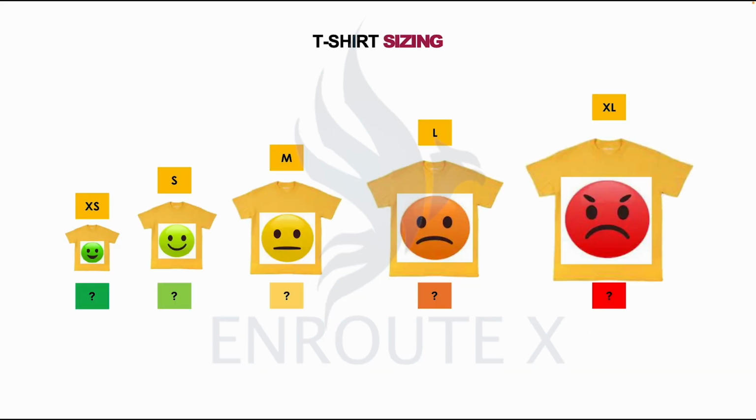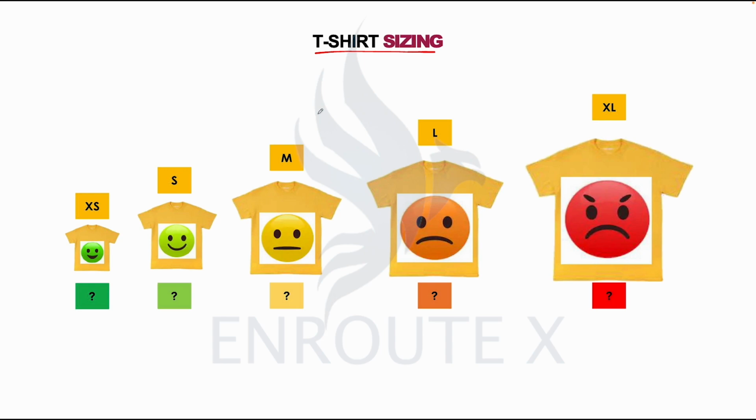The next slide, please. So our estimation, just as I said, is in relative terms. This is what we call T-shirt sizing. I believe we are all familiar with this.